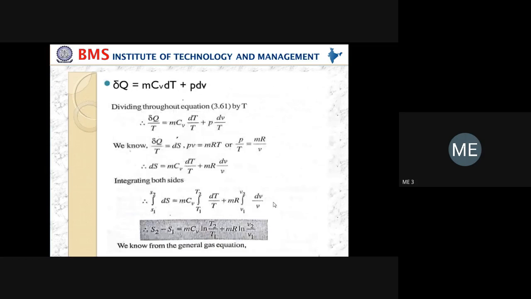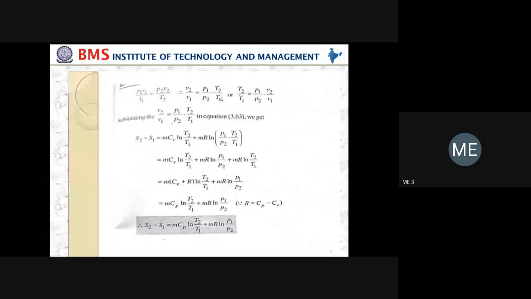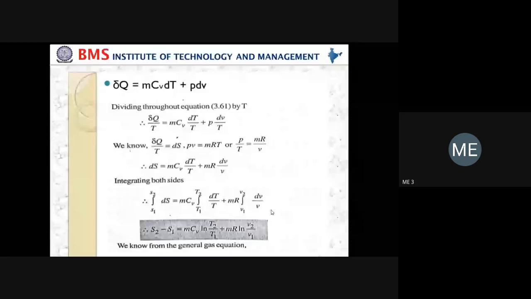Now we have the third term, V2 by V1. We are going to substitute the value of V2 by V1 as P1 by P2 into T2 by T1 in this equation, the entropy change in terms of temperature and volume. How do we write it?